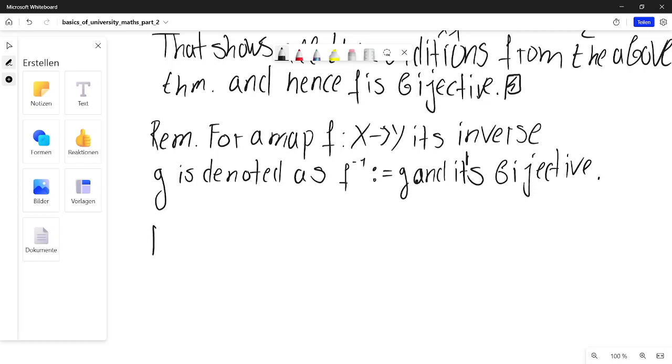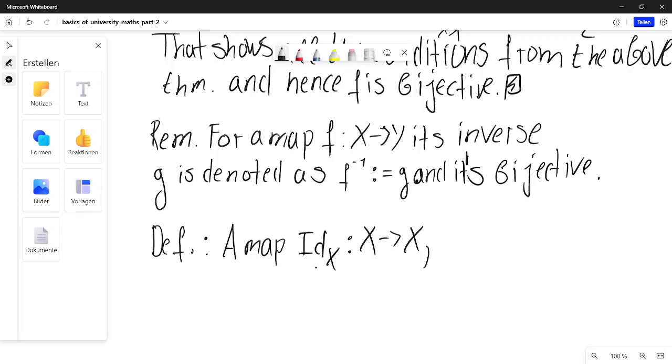And we have our last definition: a map identity x from X to X, and well, if it is identity, then it just leaves things identical. Identity of x equals x for x an element of X, and I could have written that, of course, also like that.